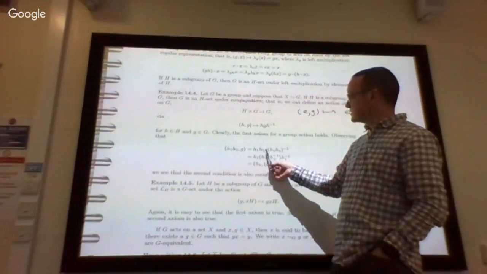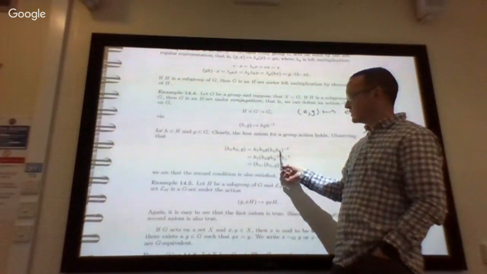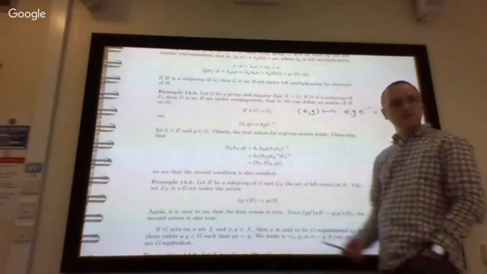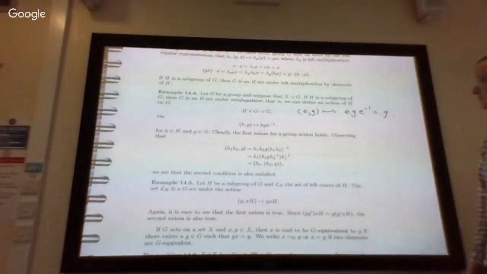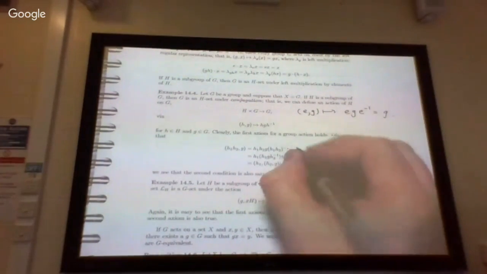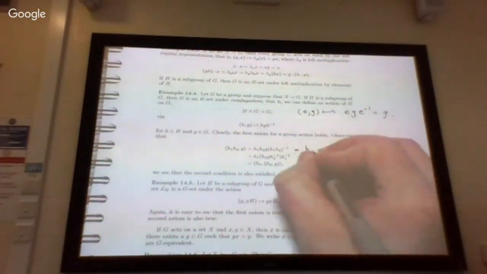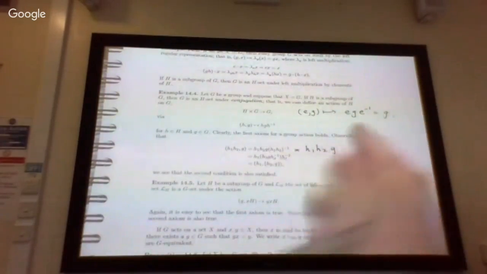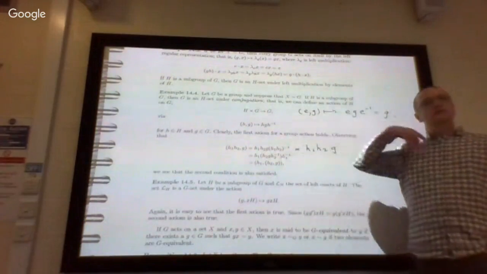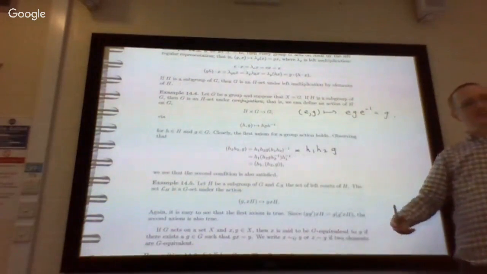So we have h1 h2 times g times the inverse of h1 h2. We don't worry about putting brackets around this because we know it's associative, so everything works out. Now there's an intermediate step, which is maybe missed out here, but you can say that this is equal to h1 h2 g, and, well, what is the inverse of a product of group elements? That should trip off the tongue easily.